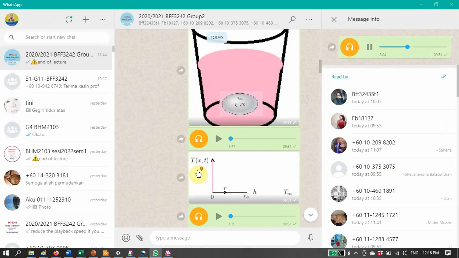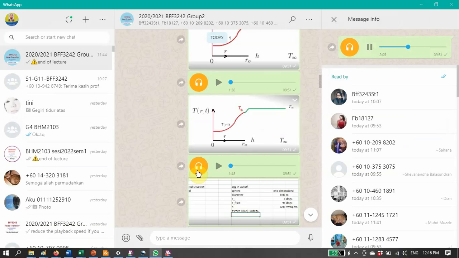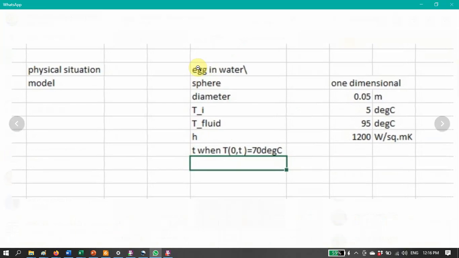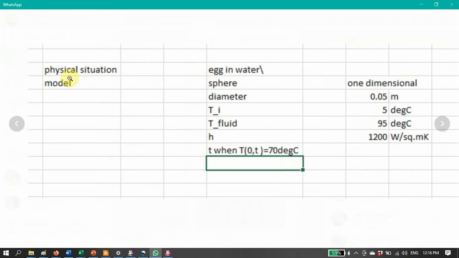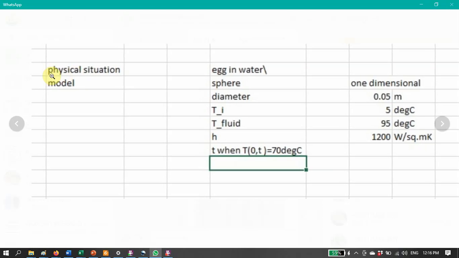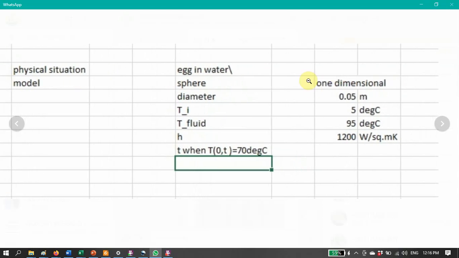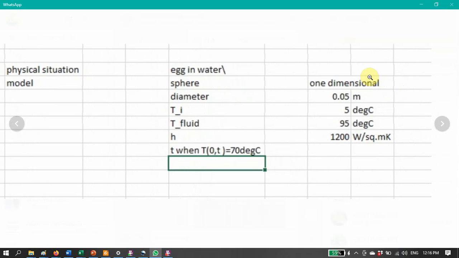And I already put that information inside this Excel application software. So I just mentioned that the physical situation is an egg in water, in three dimensions, and the model is a sphere, and I model it as a one-dimensional heat transfer system.